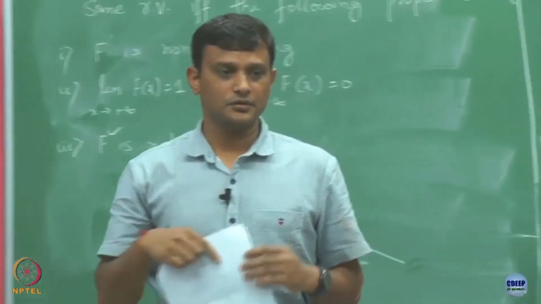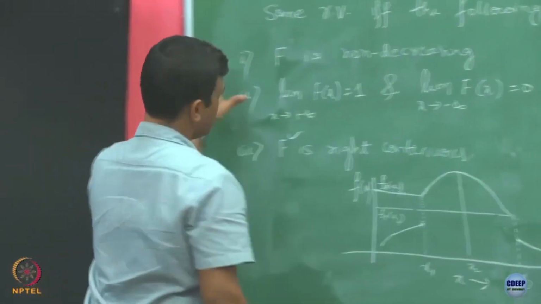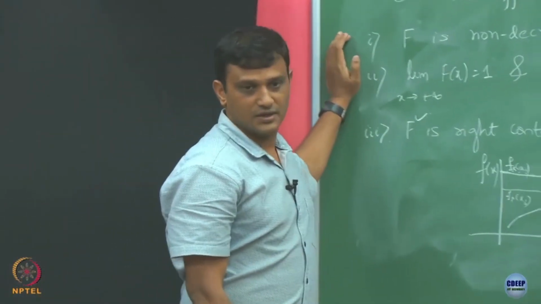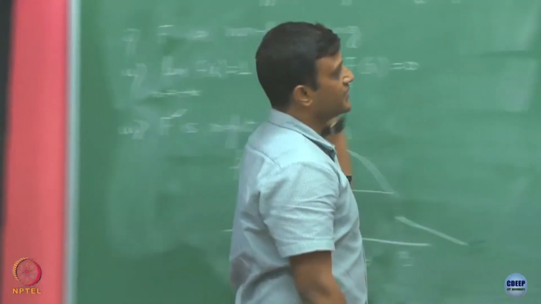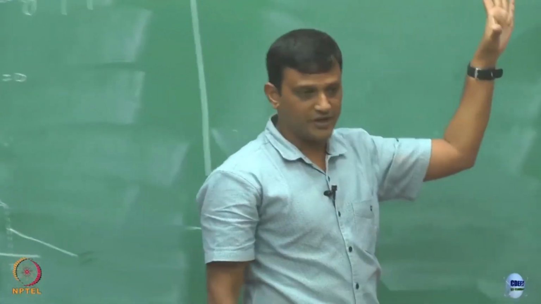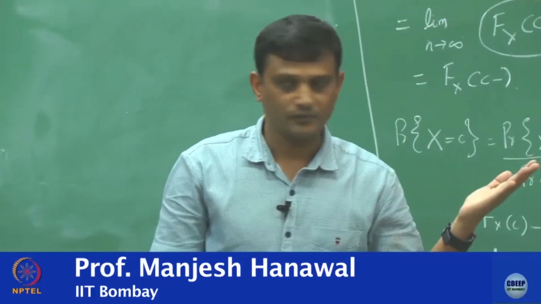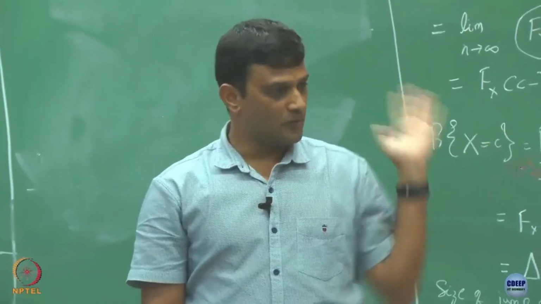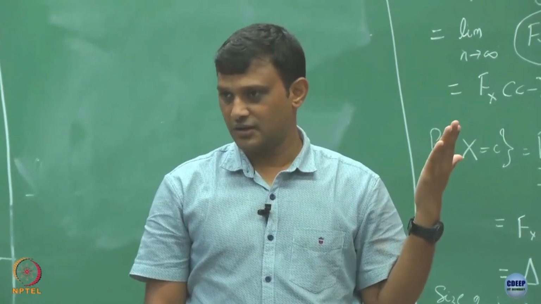Okay, to make these other notions a bit more formal for the proof, we will just try to understand what we mean by continuity of probability. We just now understood what is continuity of a function, but probability is also a function.